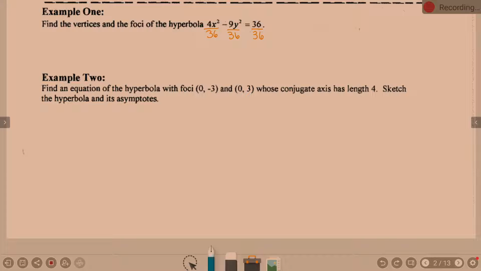Okay, 4x squared over 36 becomes x squared over 9, minus 9y squared over 36 becomes y squared over 4, equals 1.